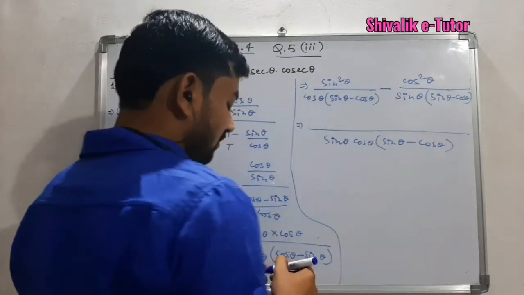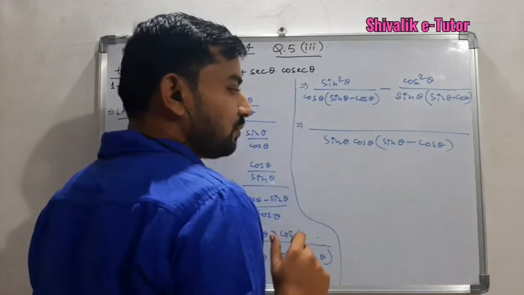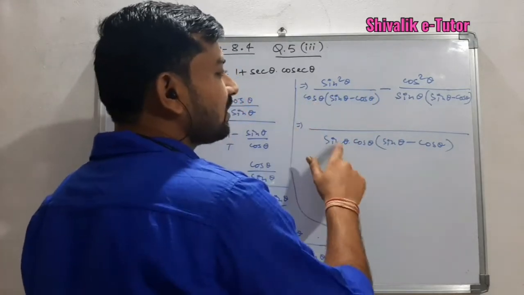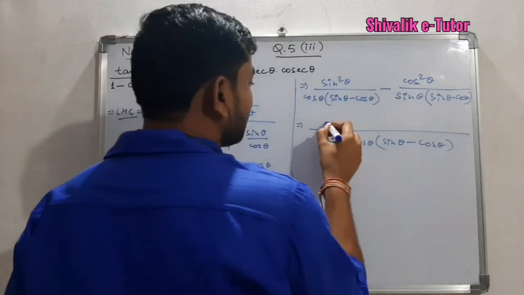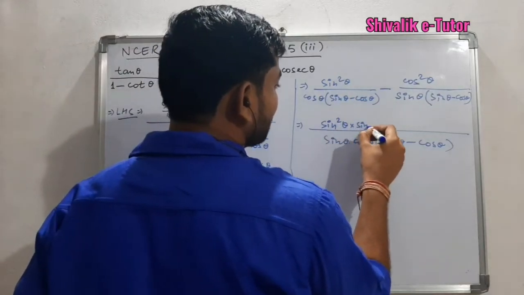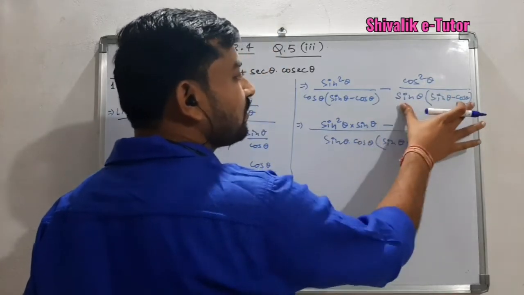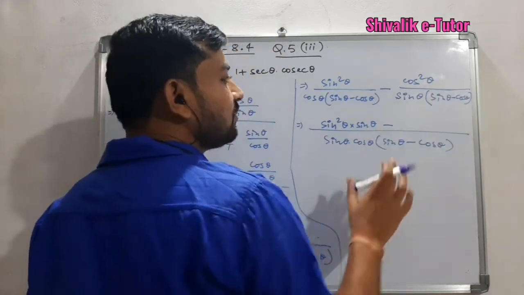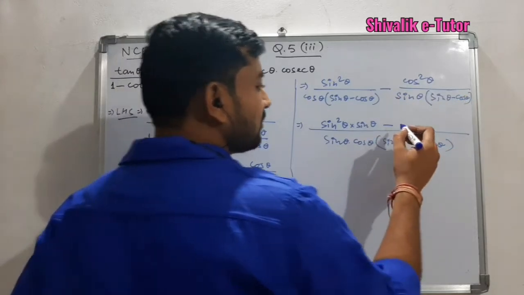Now look at this. When we divide this LCM by the denominator of the first expression, what will we get? Sin theta. Now this sin theta will be multiplied in the numerator. So this becomes sin square theta into sin theta. Similarly, when we divide this expression by sin theta and multiply with this bracket, sin theta in the bracket will be cancelled, only cos theta will remain.